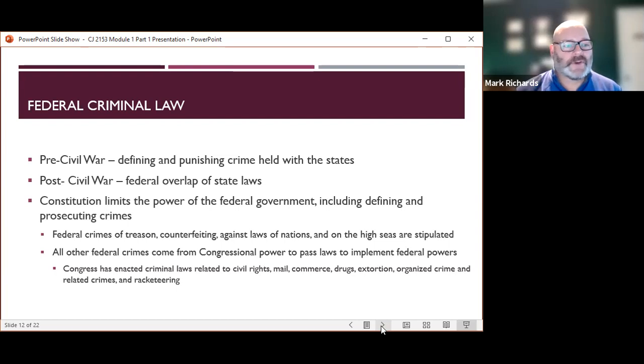And in fact, the federal crimes of treason, counterfeiting, crimes against the laws of nations, and laws on the high seas are the only laws that are stipulated in the Constitution. All other federal crimes come from the US Congress's ability to pass laws and to implement powers at the federal level. So for example, Congress has enacted criminal laws related to civil rights, mail, commerce, drugs, extortion, of course, organized crime, and racketeering.